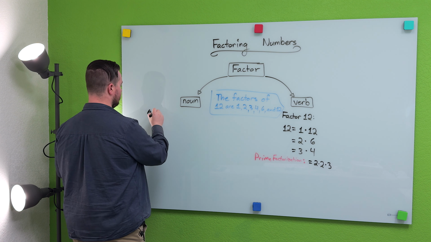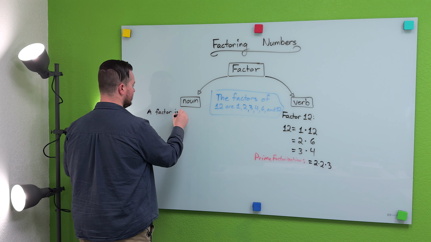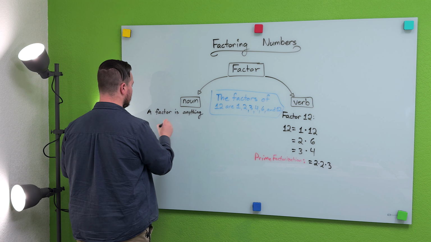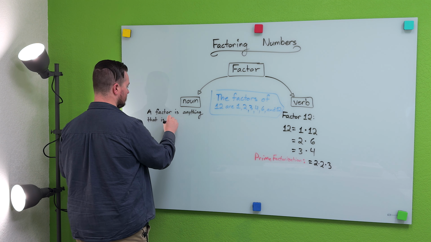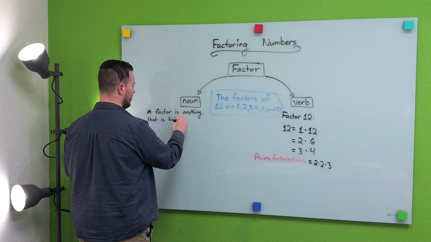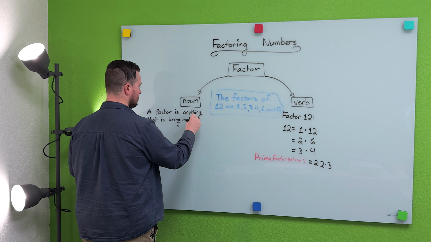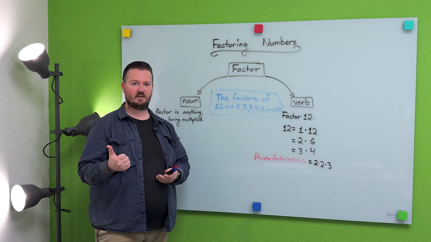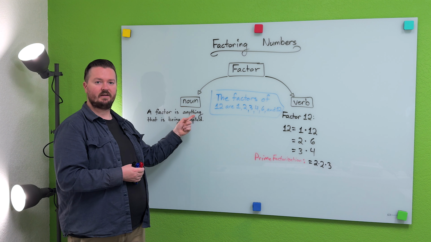So as a noun, a factor is anything that is being multiplied. So just recall, a noun is a person, a place, or a thing.